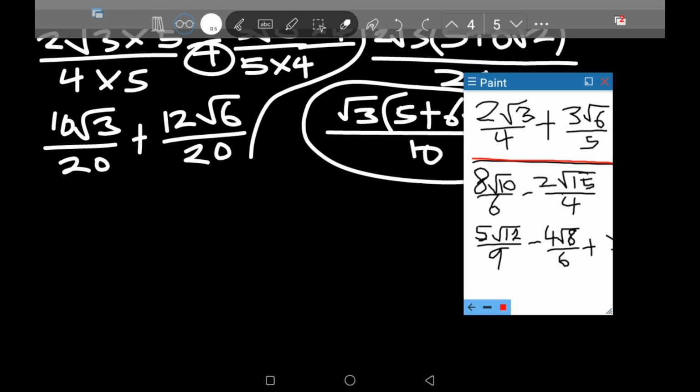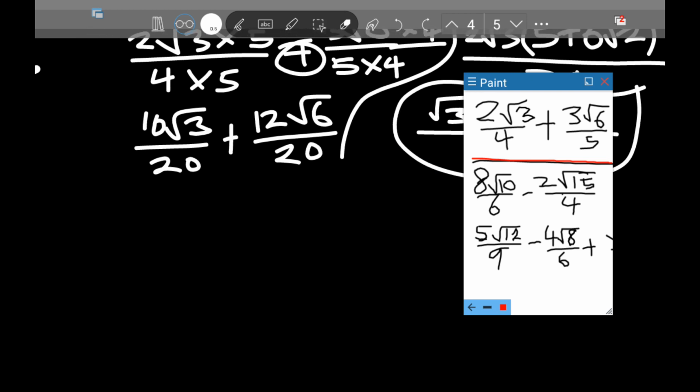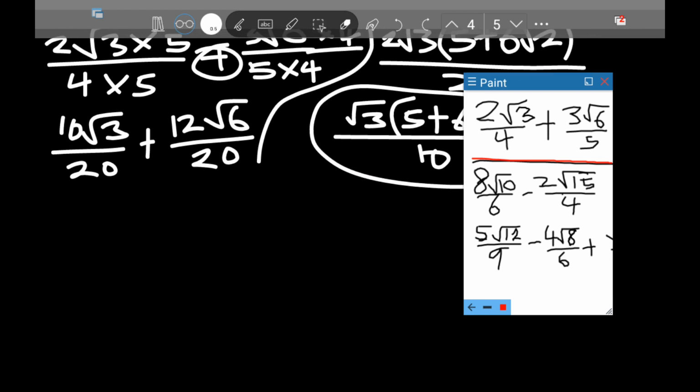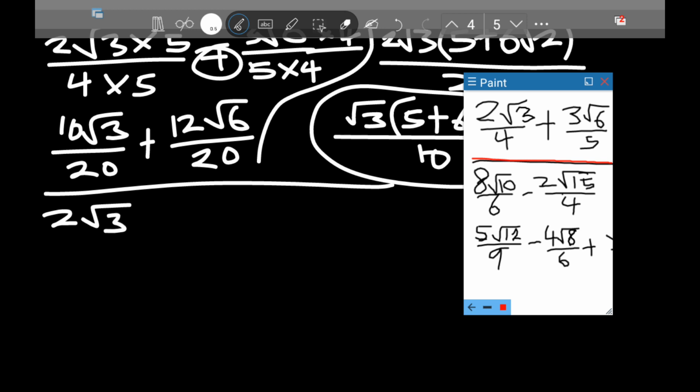So the second example, let me separate this, sorry. So it will be 2 root 3 over 4.